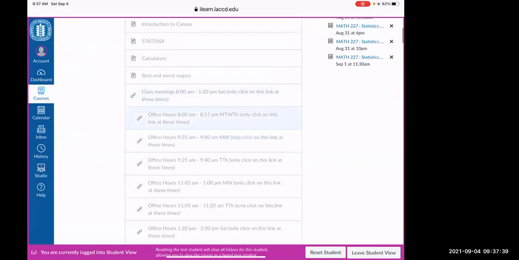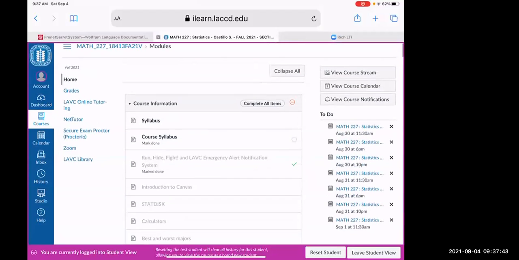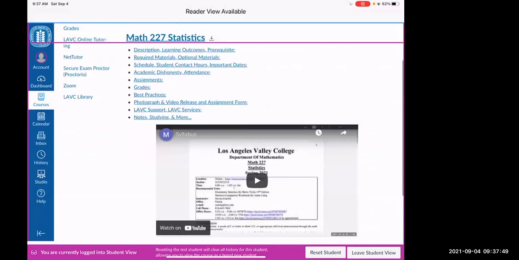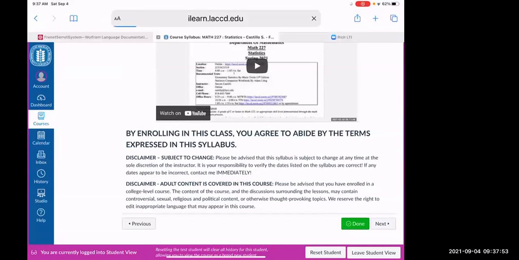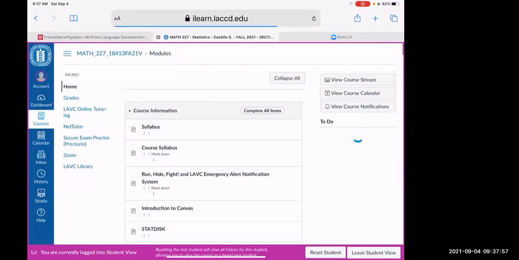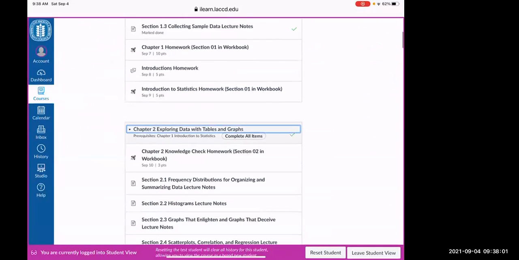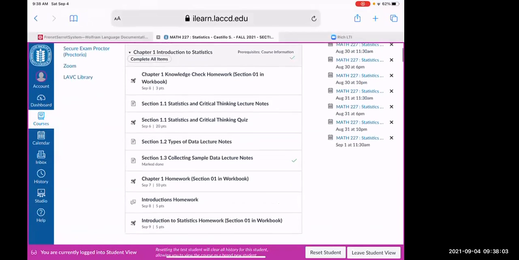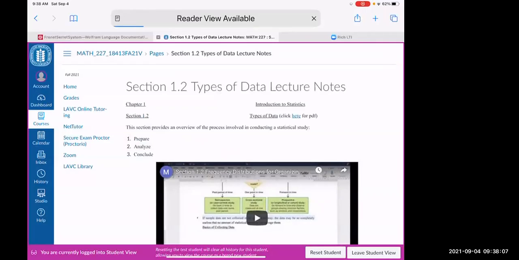So you need to actually mark these things as done so that you can go on to look at those lecture notes. Then, yes, they are now available for you to look at. Okay?